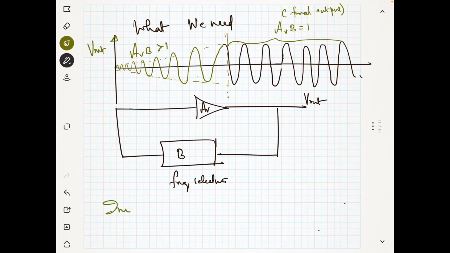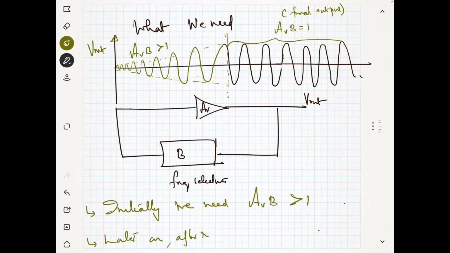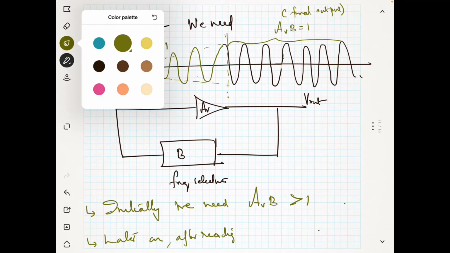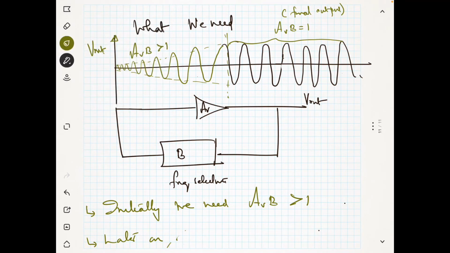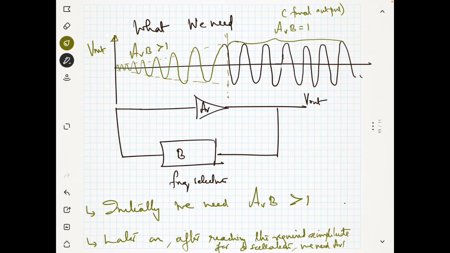That means initially we need Av into B greater than 1, then later on, after reaching the required amplitude for oscillation, we need Av into B equal to 1.